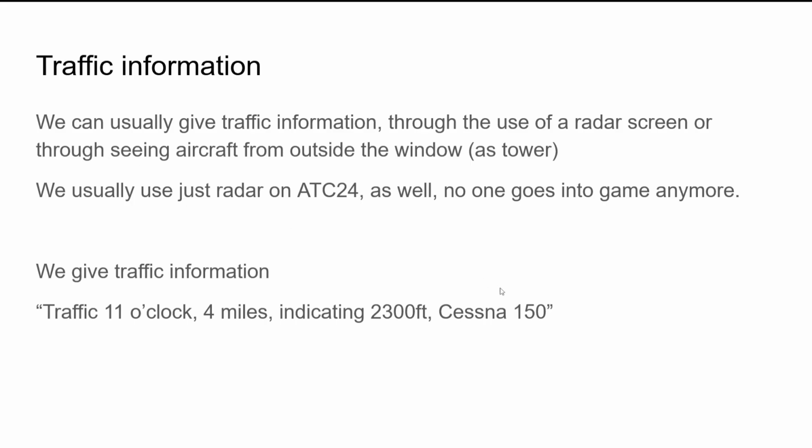Let's say they are in reference to the aircraft on the right. They are 10 o'clock, you can say, and they're 2 miles. You can say 11 o'clock or 10 o'clock, 2 miles, indicating their altitude, whatever altitude they're indicating. That could be 2,000 feet. And if you know their aircraft type, pass their aircraft type, because that could influence whether they're slow moving or not.